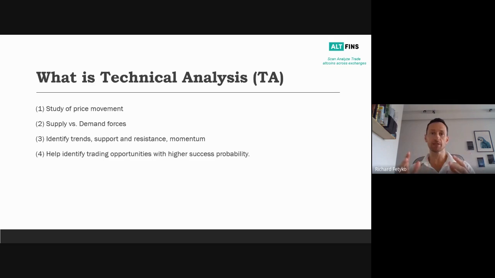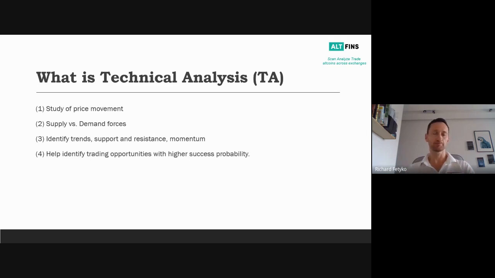Whenever there's imbalance, then there's a movement in price, either up or down. Also, importantly, technical analysis tries to identify a trend, because honestly, that's the most critical part of getting started with trading. Trading is identifying trend. And then it also identifies support and resistance and momentum, as I mentioned.